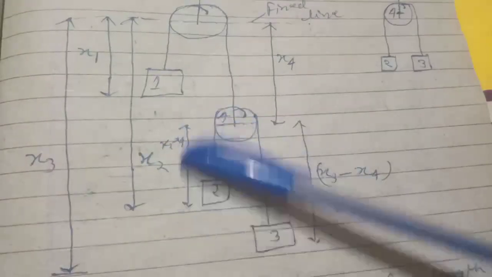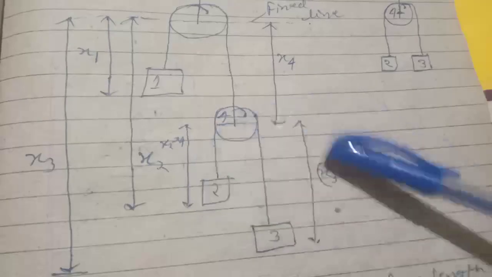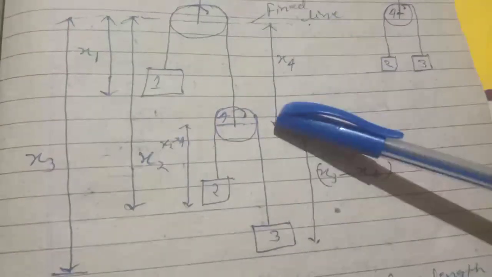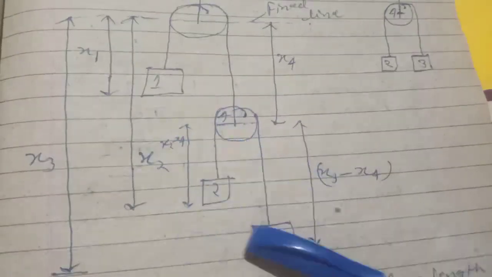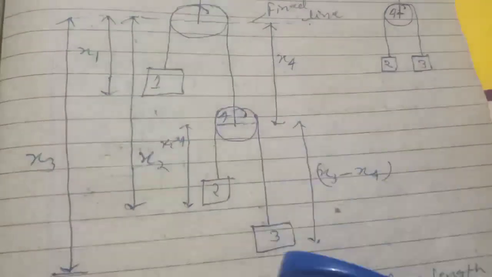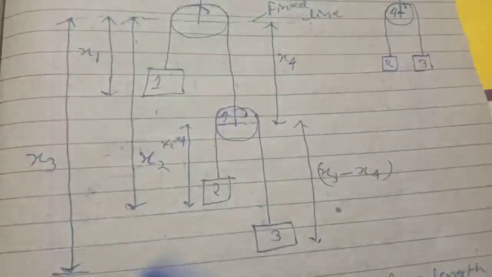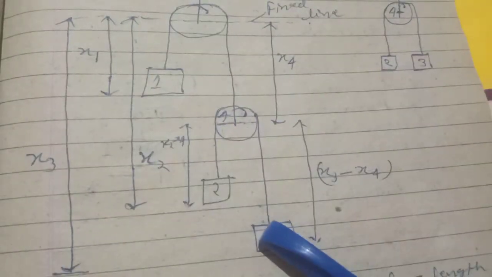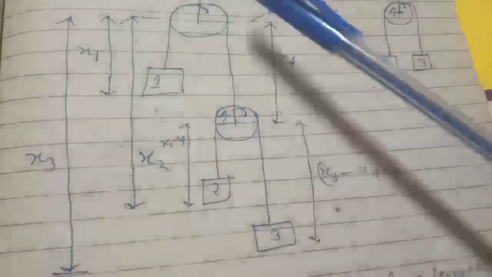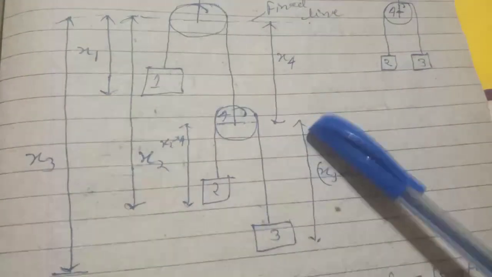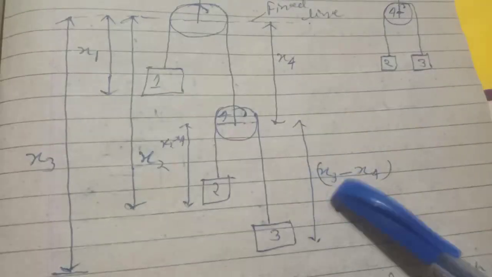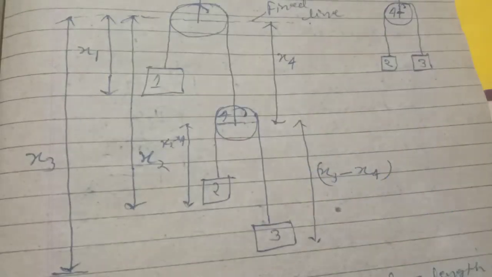If this is x4, then this distance will be x2 minus x4. And if block 3's displacement from the fixed line is x3, then this displacement will be x3 minus x4.